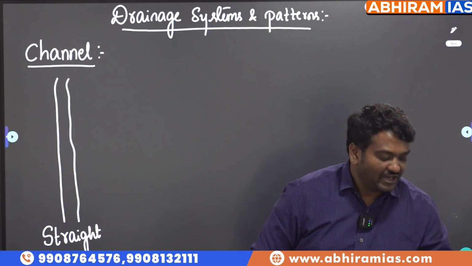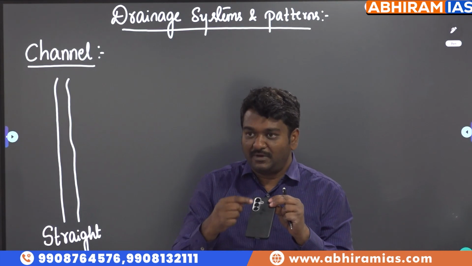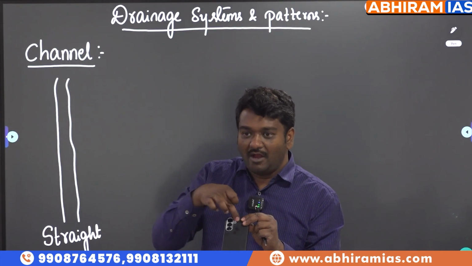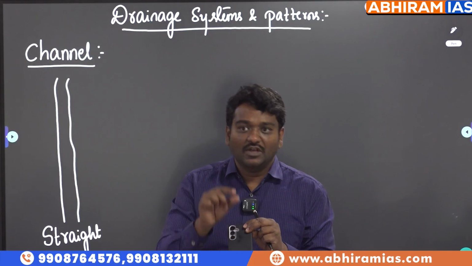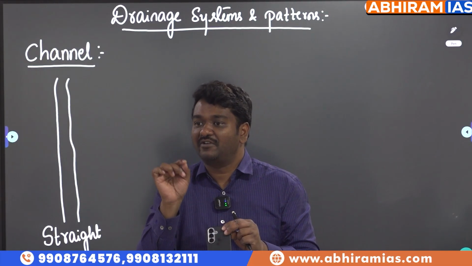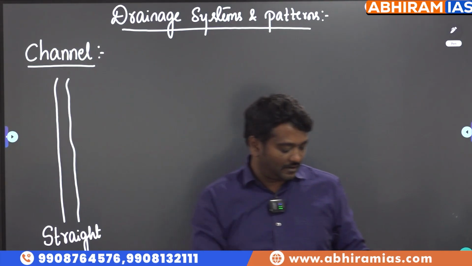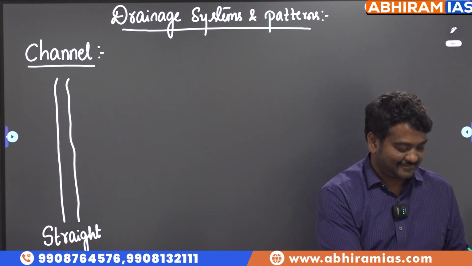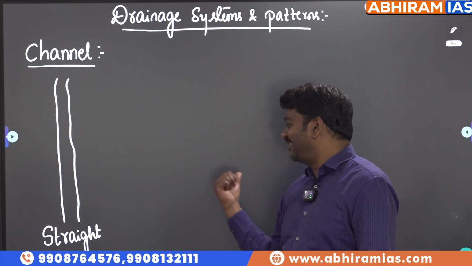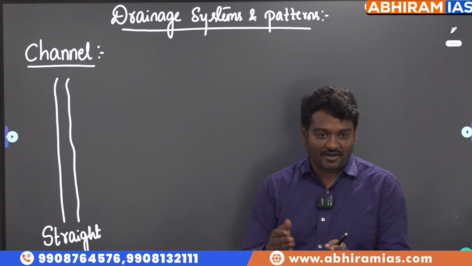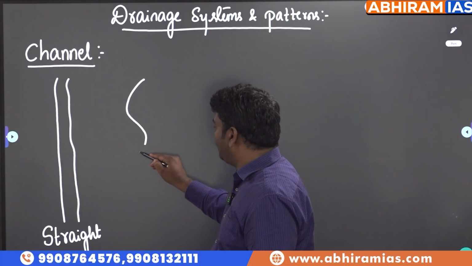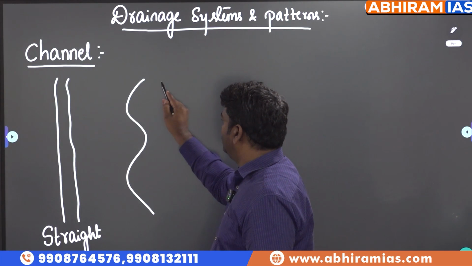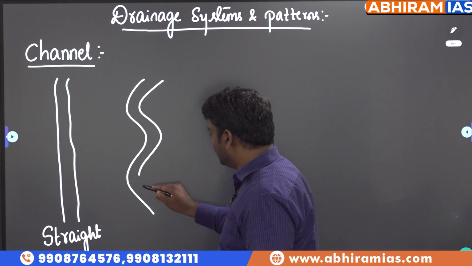Second, when the slope is steeper, please understand, if I pour water here, water doesn't go like this, it goes straight. So straight is when the river is faster, when they are moving in a rock. Second, if a little bit of gap is there, the river starts flowing like this.